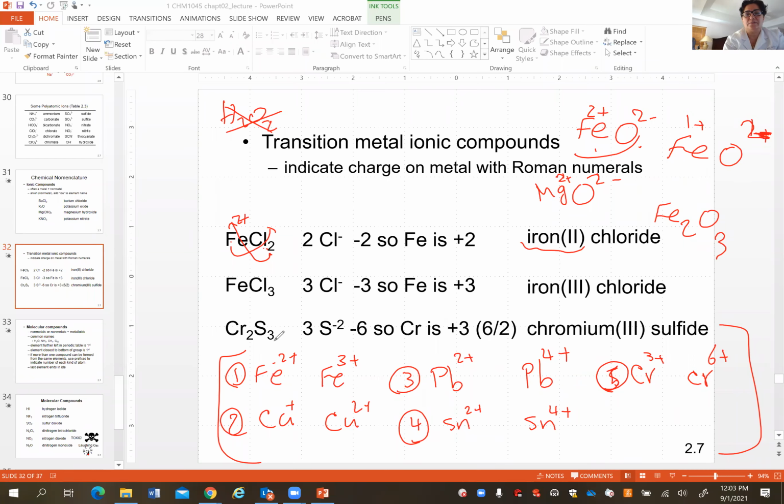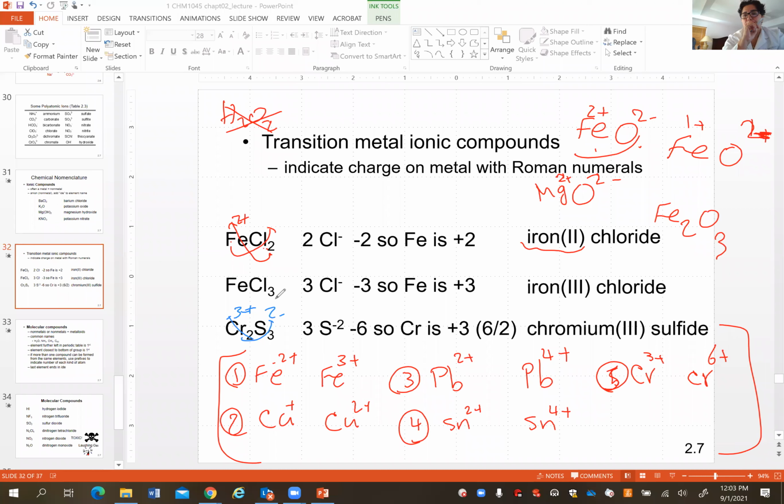Chromium, how do we determine the charge for chromium in this case? You do the same, you return the numbers, and then this is going to be 3 plus, this is going to be 2 minus. Does it make sense for sulfur to have a 2 minus? Yes. Sulfur is in group 6A and is going to be 2 minus, so these numbers were not simplified.